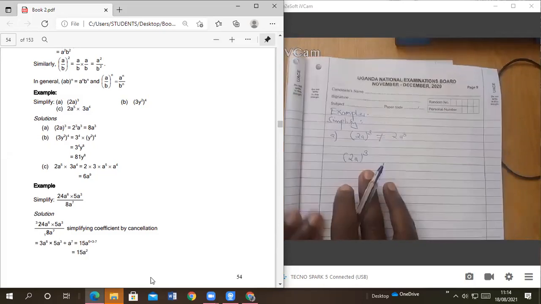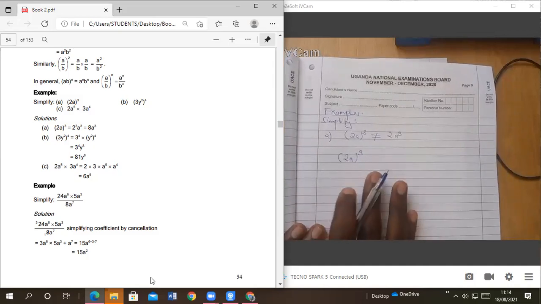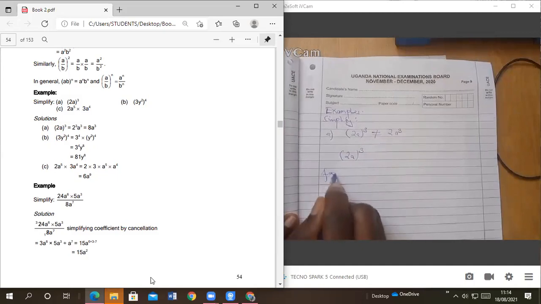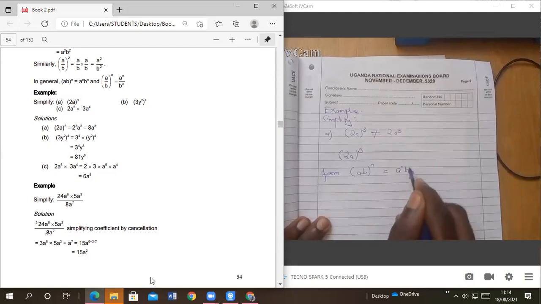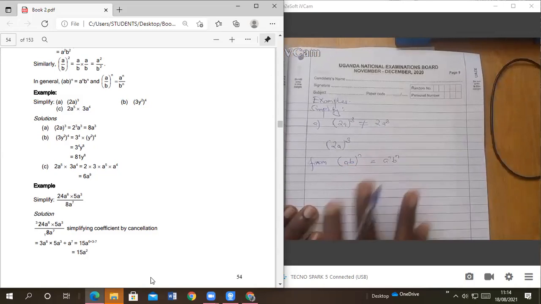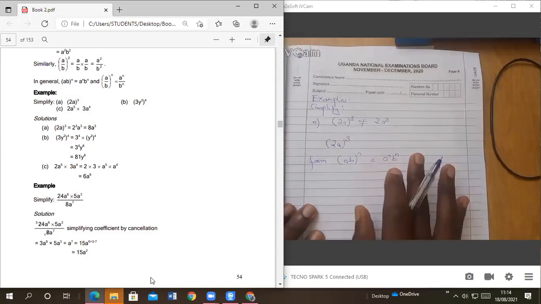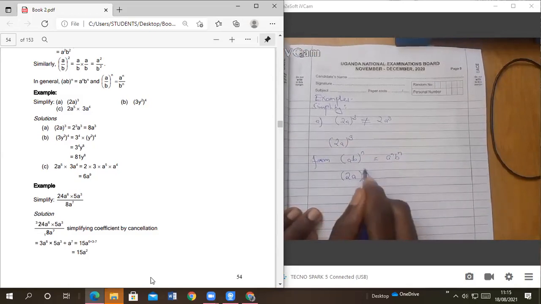When you are presenting your work in exams, you have to give the method. You say: from (ab) to the power n equals a to the power n times b to the power n. This is laying the foundation for your work. Then look at the question (2a) to the power 3.